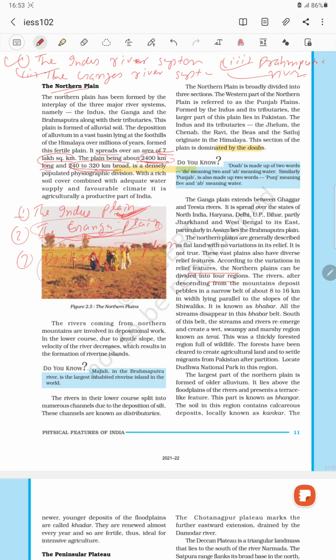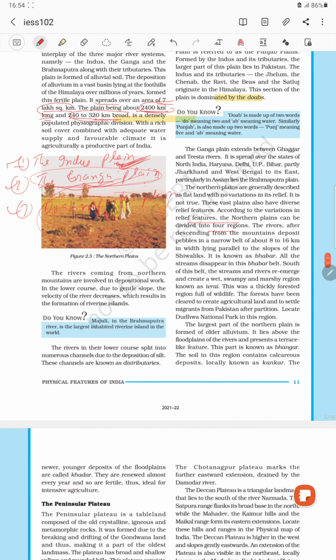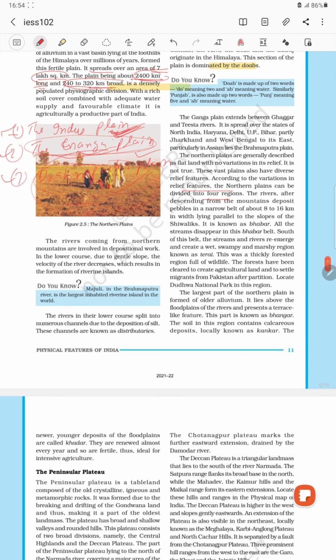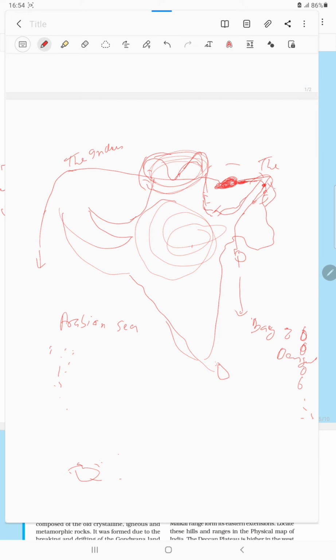The Brahmaputra river and its tributaries form the plain in the Assam region. So on the basis of rivers, the northern plain is divided into three parts: the Indus plain, the Ganga plain, and the Brahmaputra plain. Clear?